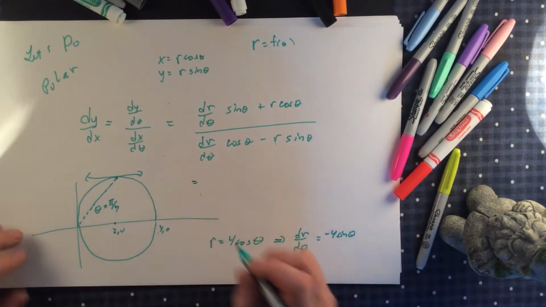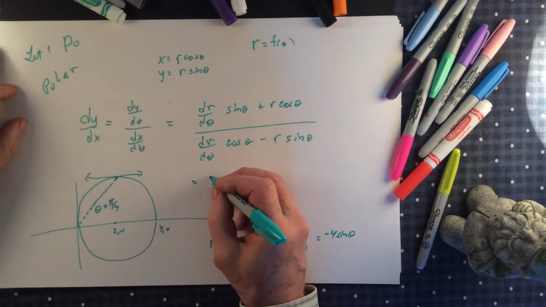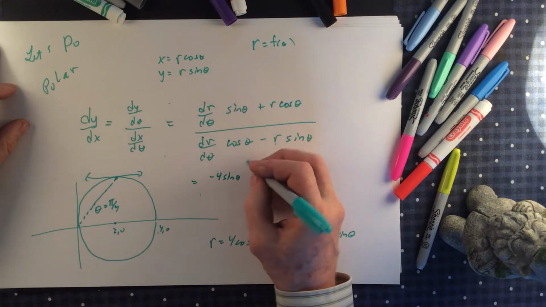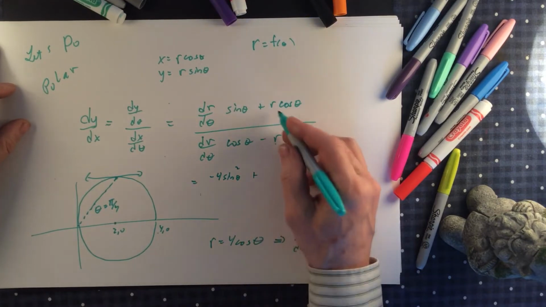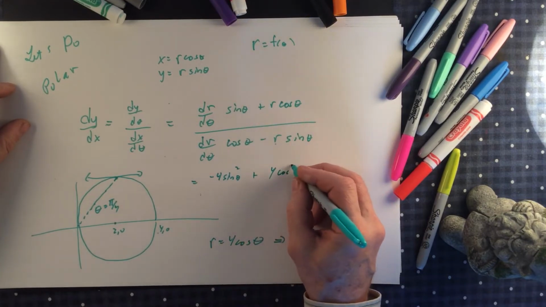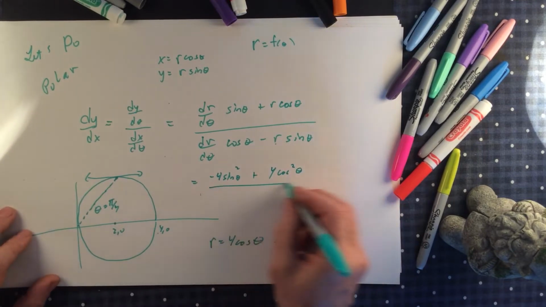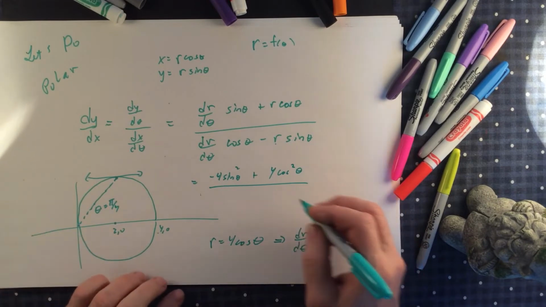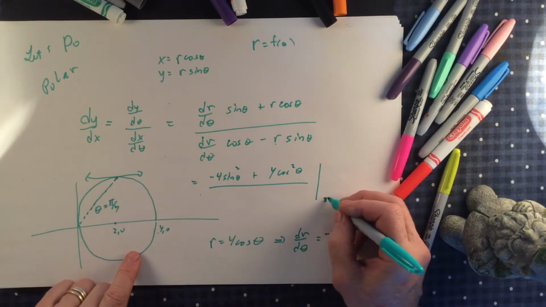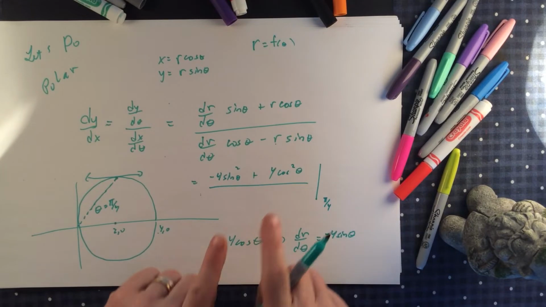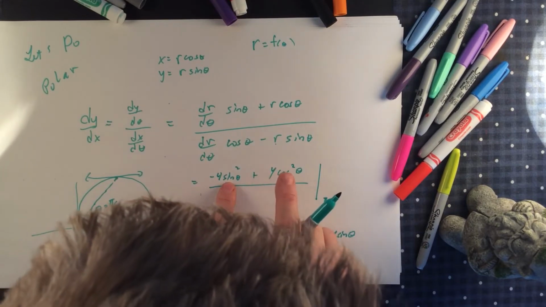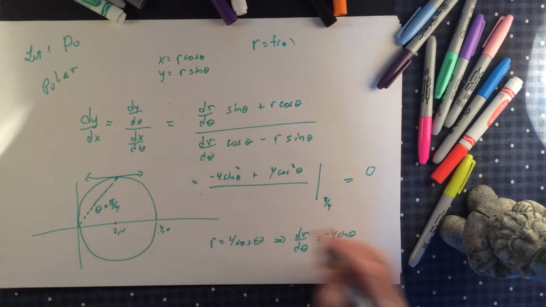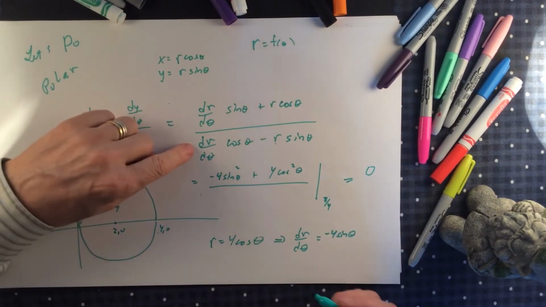So this, for this particular equation, will be minus 4 sine of theta squared plus 4 cosine squared of theta, all over, well, at this point I actually can stop because I'm going to plug in pi fourths here, and I want you to know sine and cosine are equal at pi fourths. This will be 4 times cosine squared minus sine squared. This is going to be a 0 at the top. We want to make sure the bottom's not 0, so we'll continue.